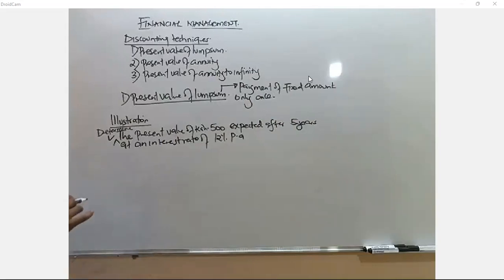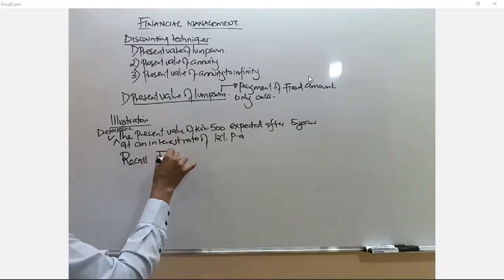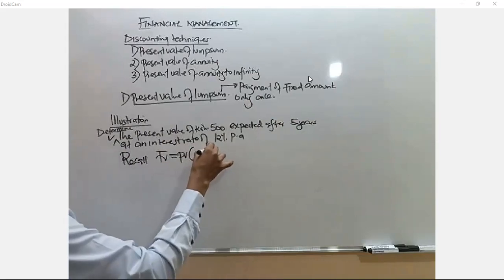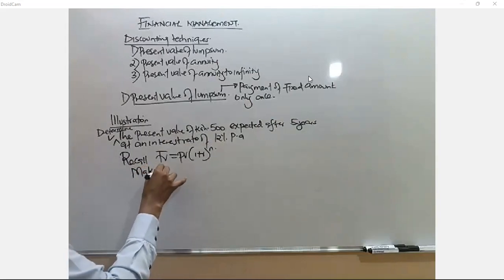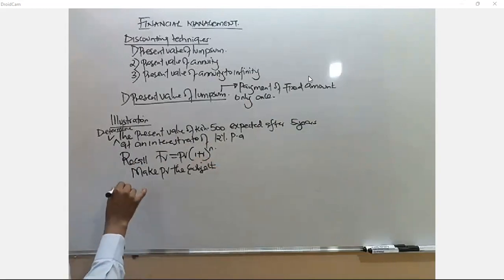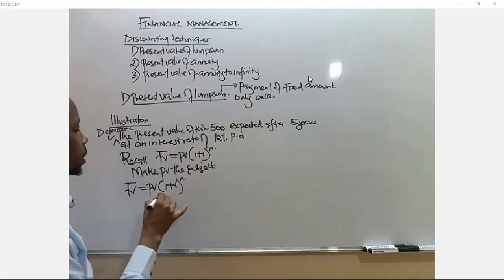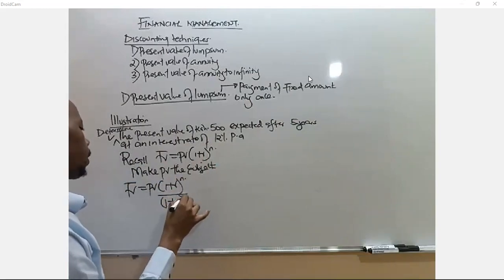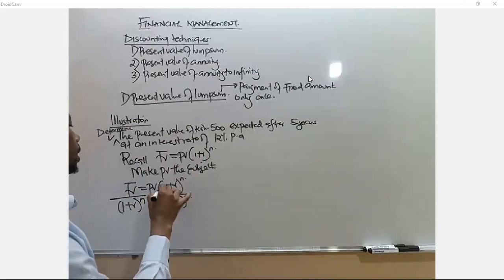Because it is the opposite of compounding, the compounding formula can be expressed in terms of the present value. Remember we said the future value is equal to the present value times 1 plus r raised to power n. But in this case, we make the present value the subject. You divide both sides by 1 plus r raised to power n, and that one goes.